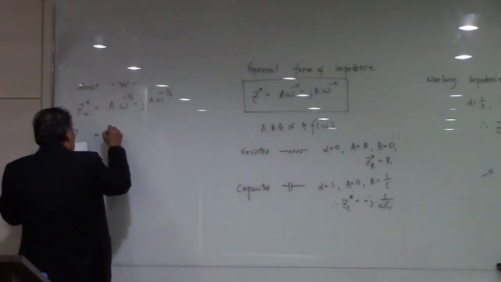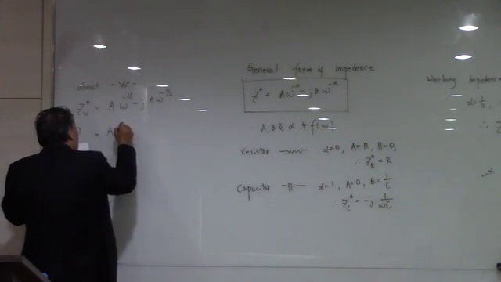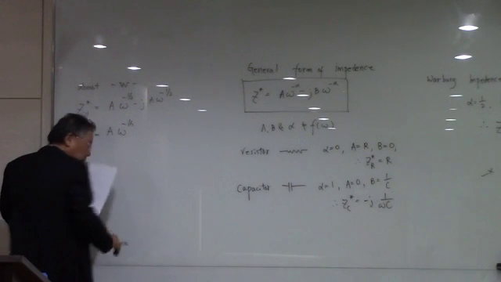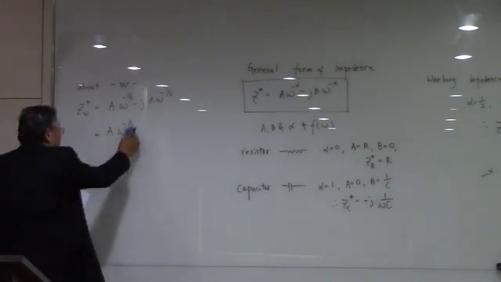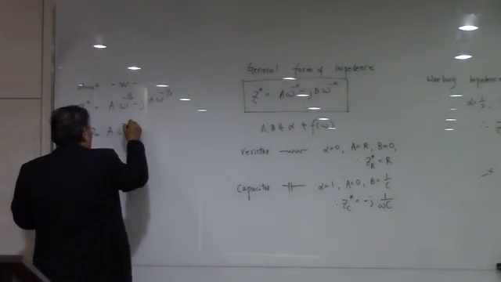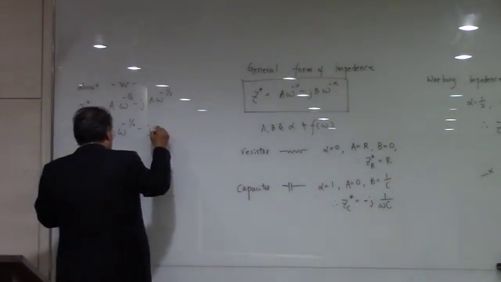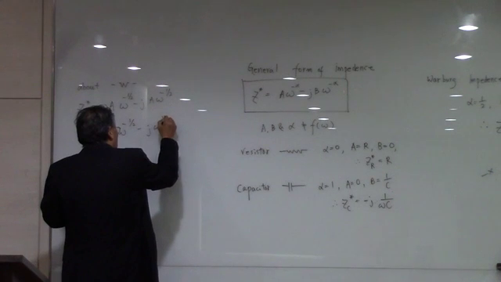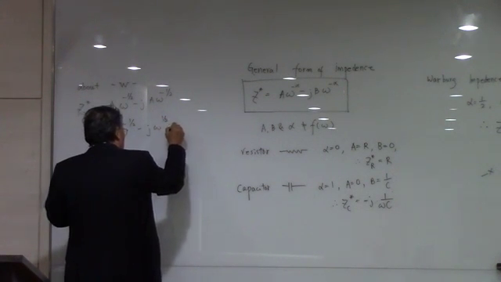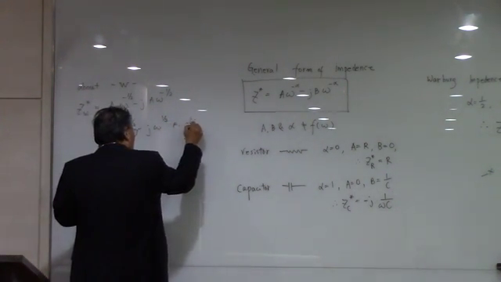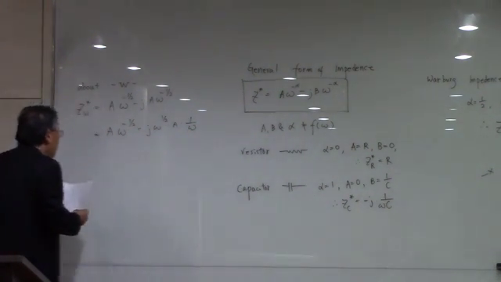In order to do that, A omega to the minus 1/2 minus j omega to the minus 1/2 A omega. Okay.